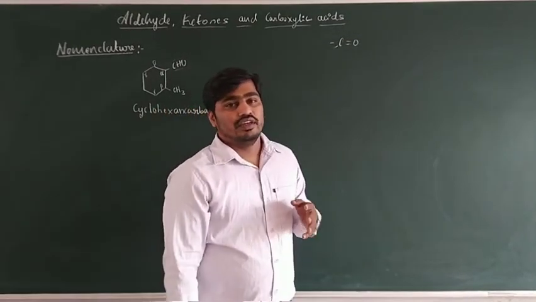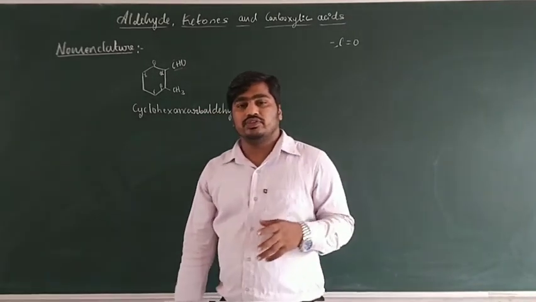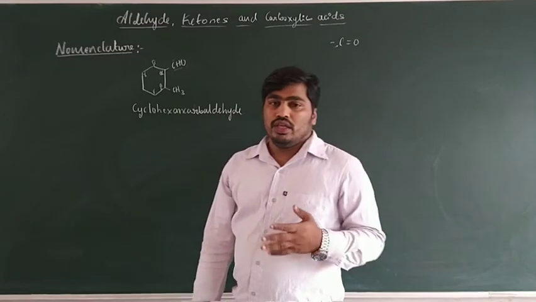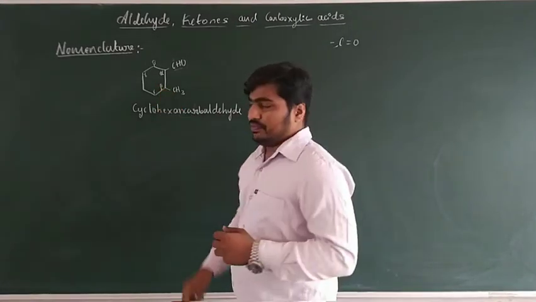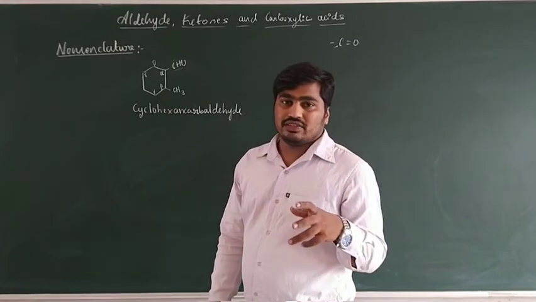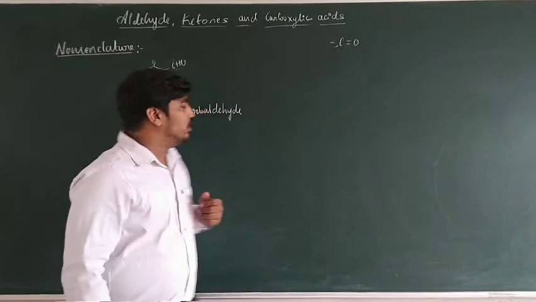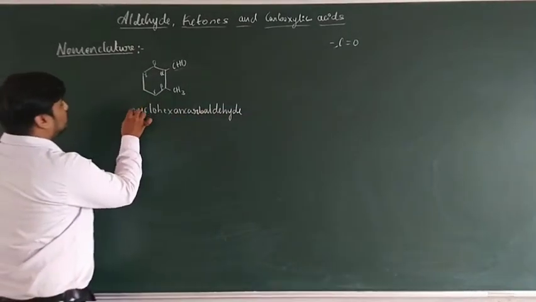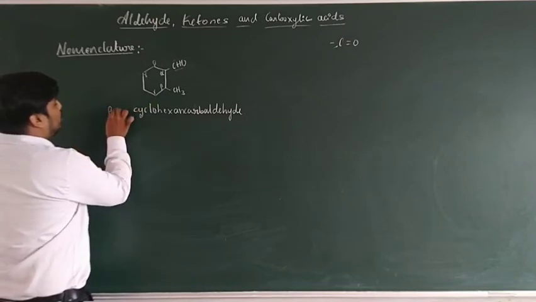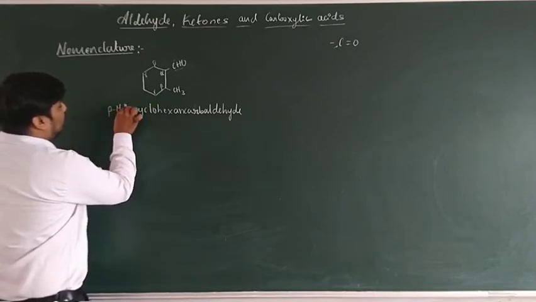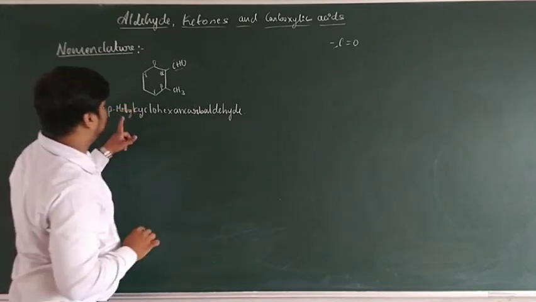Based on the position of the substituent on the cyclic compound, the methyl group is at the beta position of the cyclohexane. Therefore, it goes to the prefix, and the prefix becomes beta-methyl. There is no space between methyl and cyclohexane.